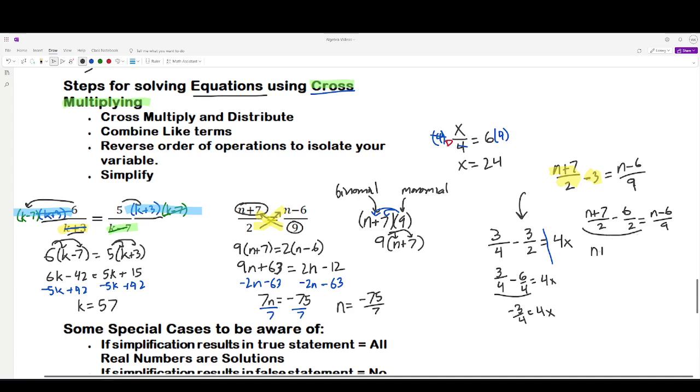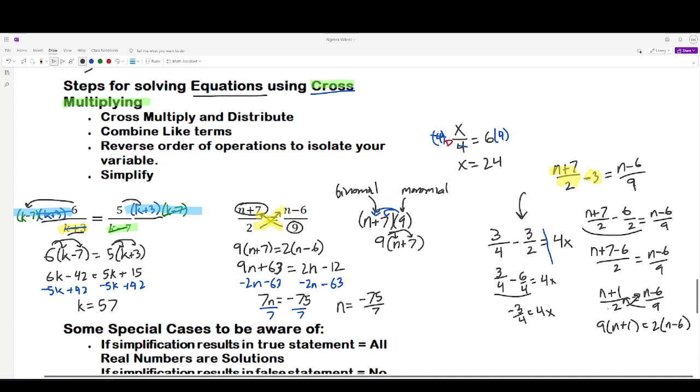So this is the same as n plus 7 minus 6 over 2 equals n minus 6 over 9, which is then just n plus 1 over 2 equals n minus 6 over 9. Now we would be able to cross multiply. So we'd multiply both sides by 2, multiply both sides by 9, and get 9 times n plus 1 is equal to 2 times n minus 6, and then finish solving it from there, just like we did before.